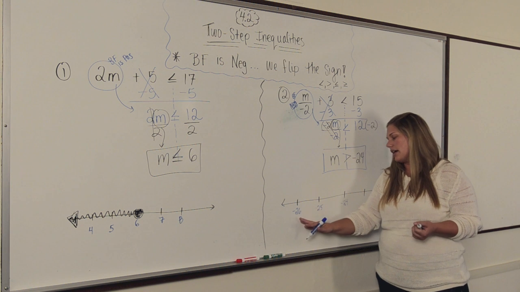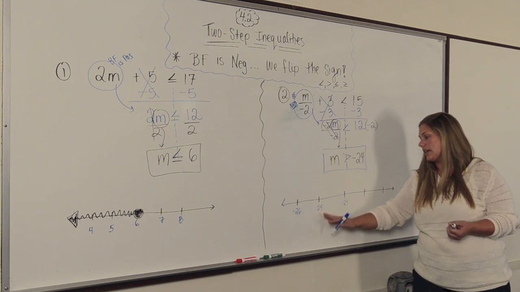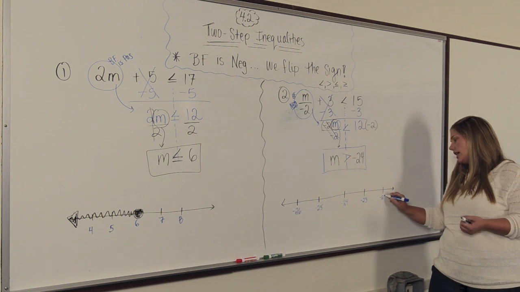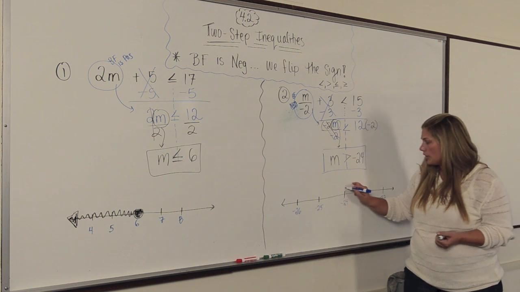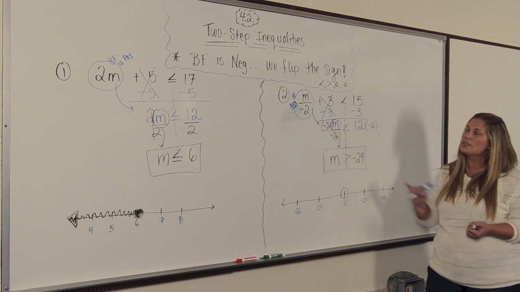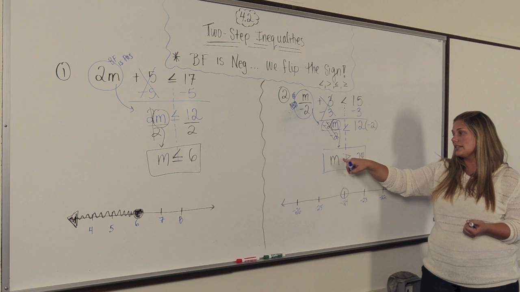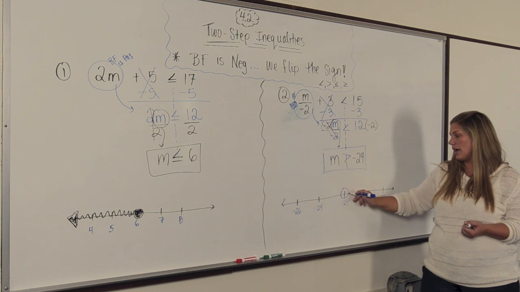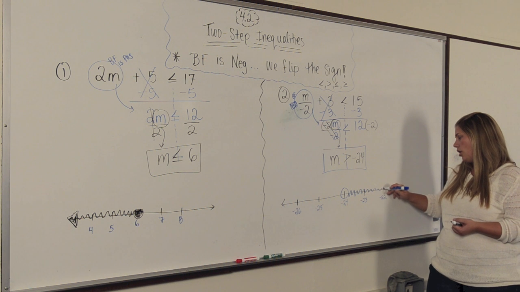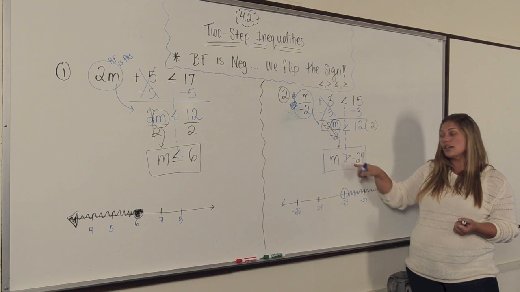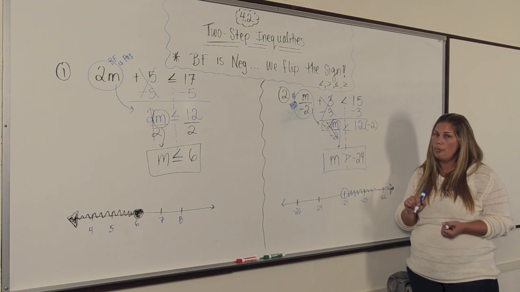So in order, I have negative 26, negative 25, negative 24, negative 23, and negative 22. We put a circle on that negative 24 because that's the number in my answer. And since m is greater than, my arrow is going to go to the right. And since it can't equal, I leave that circle open.